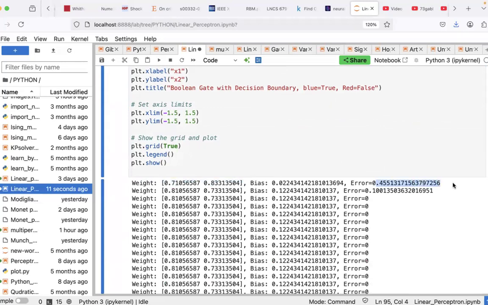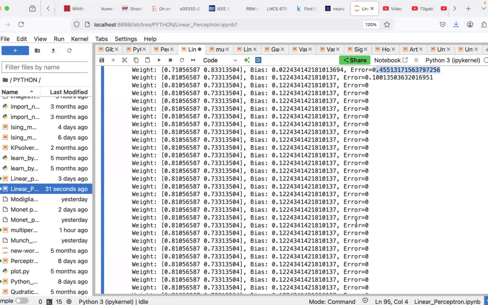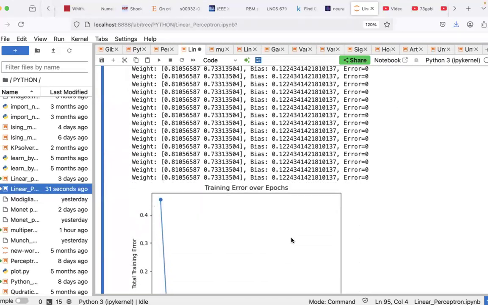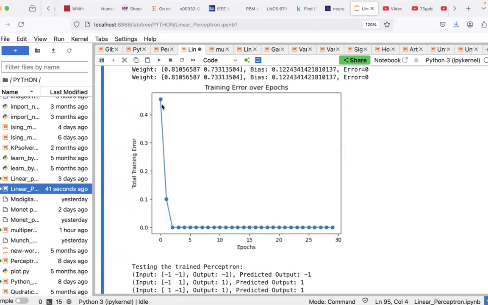Then, in the loop, we are misclassifying data points, there is a correction of the weights, and you see that the convergence is very fast. Already after 3 epochs, we classify all the data correctly. We didn't need to put 30 epochs, but in this case it converged very fast.